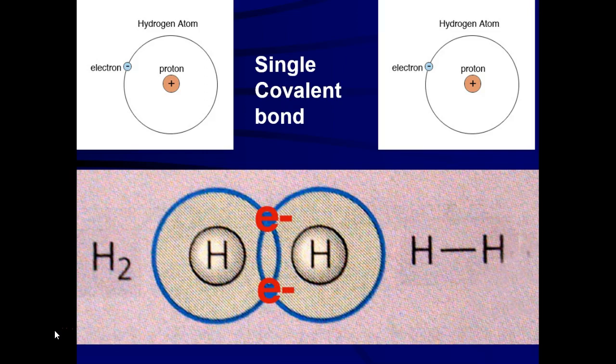It would really like to have a second electron to fill that valence shell. It does that in a variety of different ways. One way is to bond with another hydrogen atom. This particular hydrogen atom is in the same situation. It needs another electron to fill the valence shell.